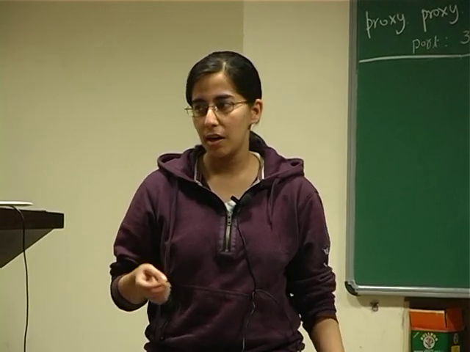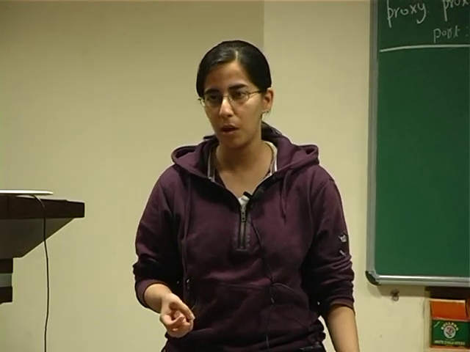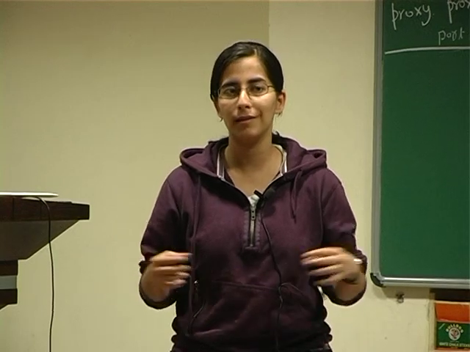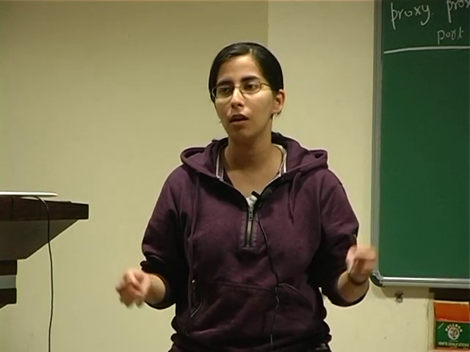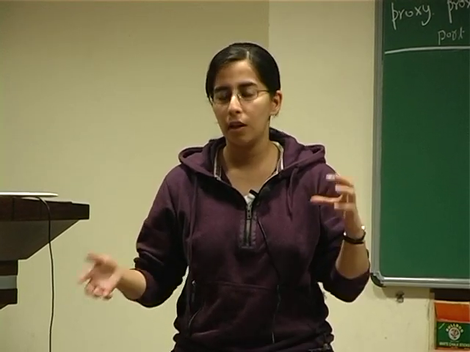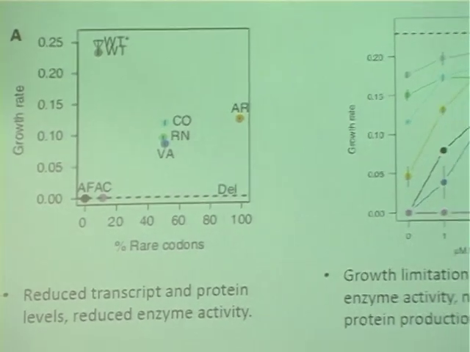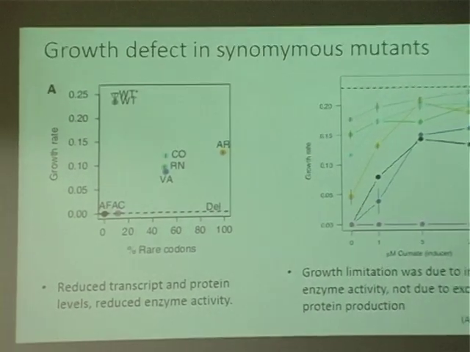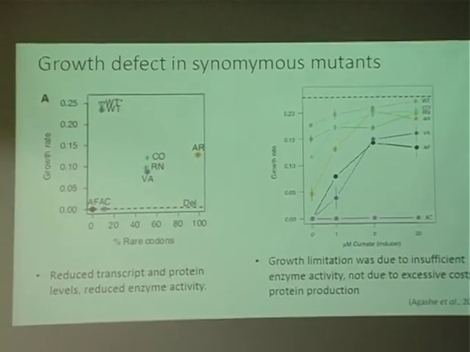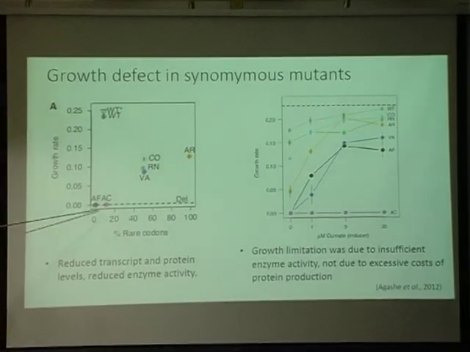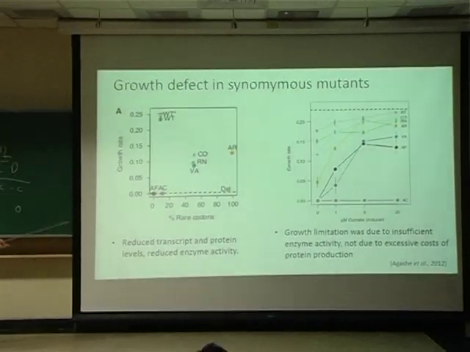And in an effort to understand how that comes about, Deepa in her postdoc created lots of alleles of an essential gene which had lots of synonymous mutations. And what she found was that in spite of the fact that these mutations were synonymous, these alleles did very poorly under selective conditions as compared to the wild type.